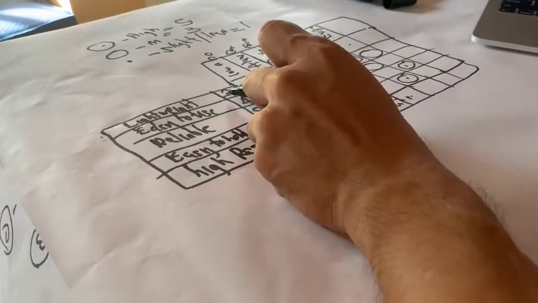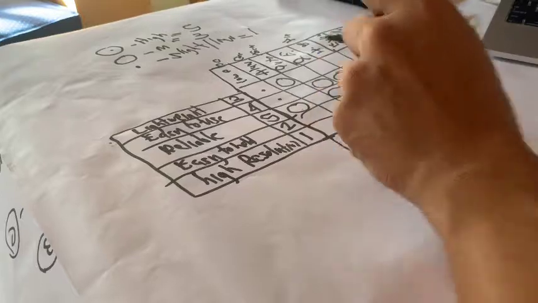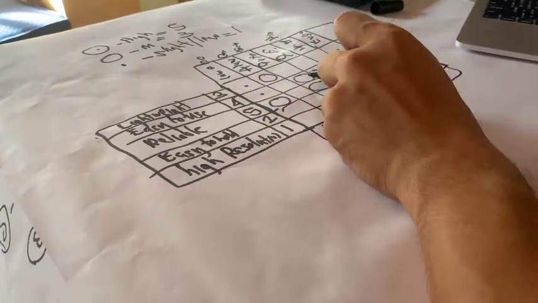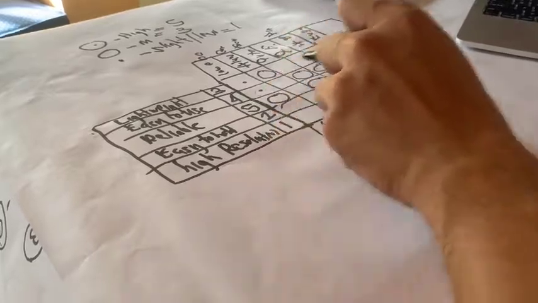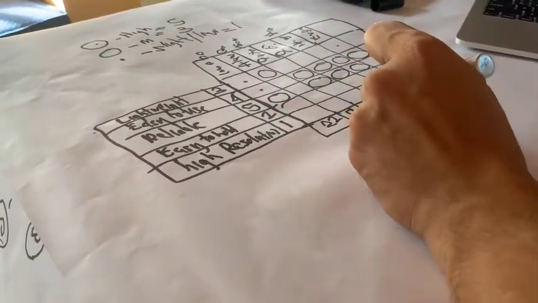Okay? And then, sa aluminum component naman, 3 multiplied by 3 is 9. 4 multiplied by 3 is 12. 5 multiplied by 3 is 15. So, 27.